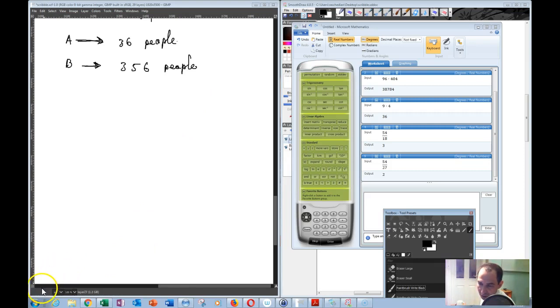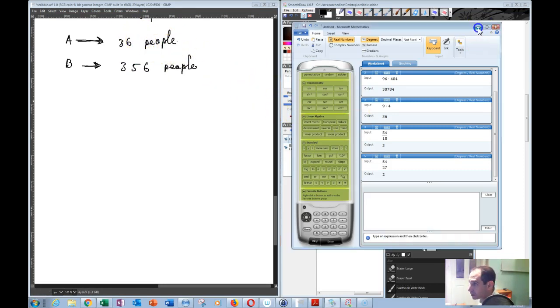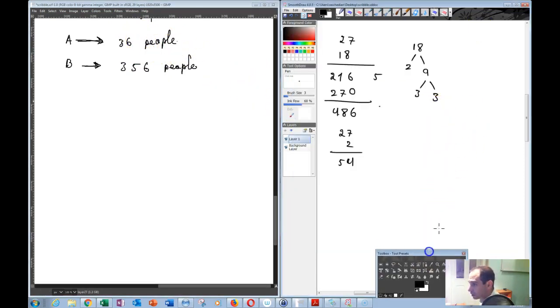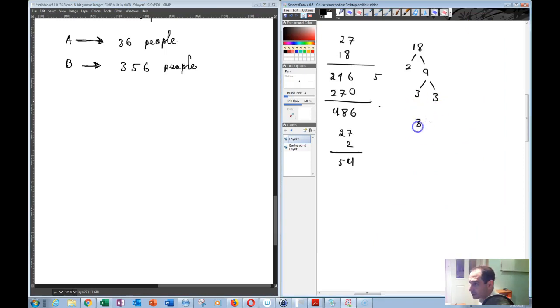Okay, so now let's first analyze this number 36. Let's see what that is. So 36 is equal to 2 times 18, and that's 2 times 9, and that's 3 times 3.